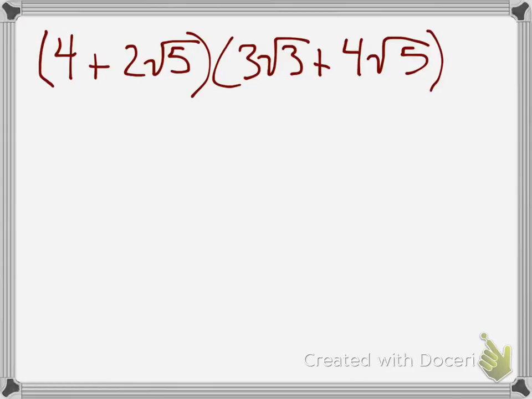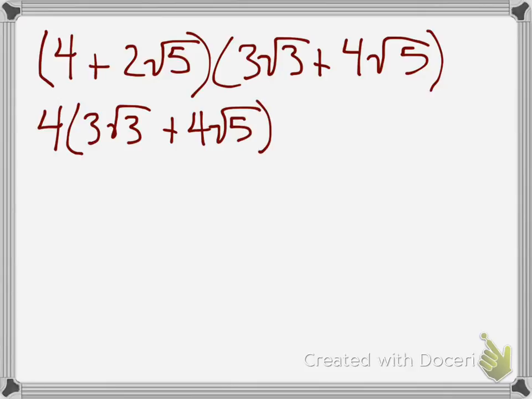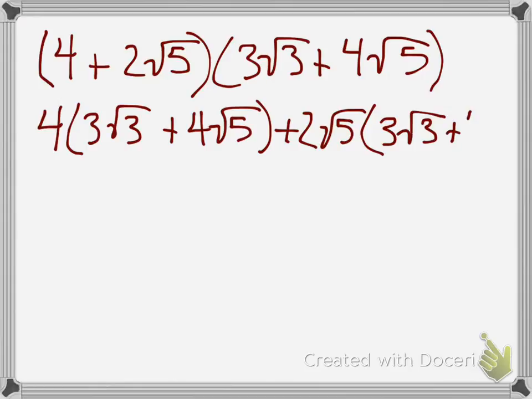I'm going to do the distributive property. 4 plus 2 square root of 5 times 3 square root of 3 plus 4 square root of 5. So this one I'm going to use distributive property rather than, say, the vertical method. For me that might be easier.